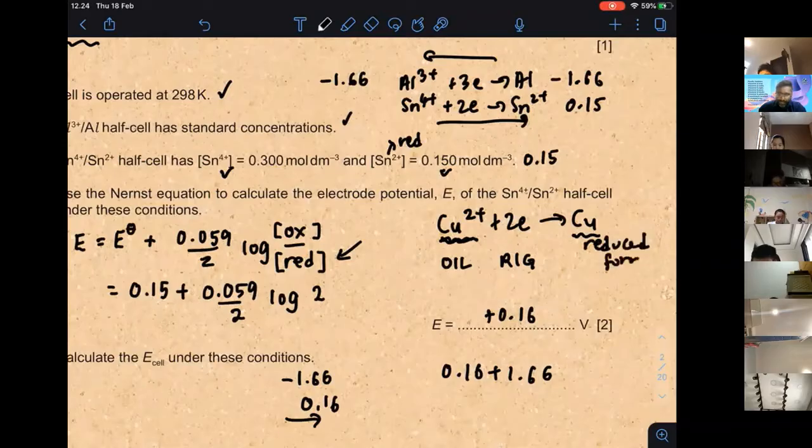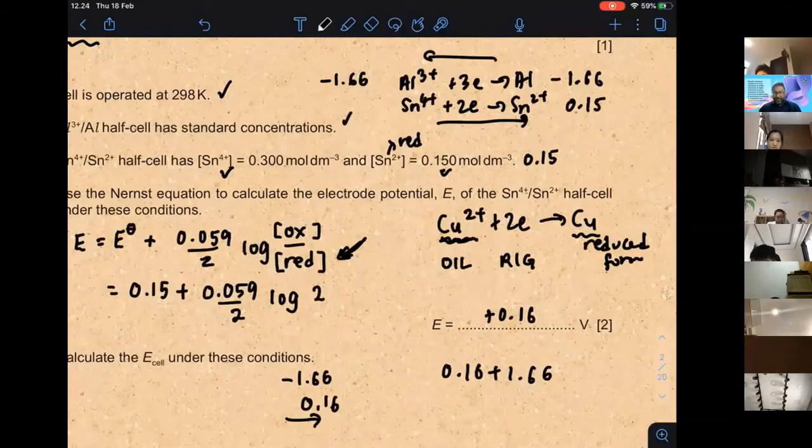Please remember, Cu2+ is being reduced and copper is the reduced form. That's why copper is not included in the Nernst equation, because copper is a metal. There's no point looking for the concentration of copper. So that's why we just say log oxidized form.